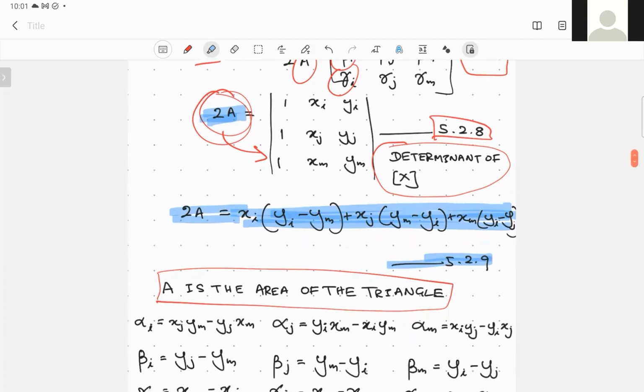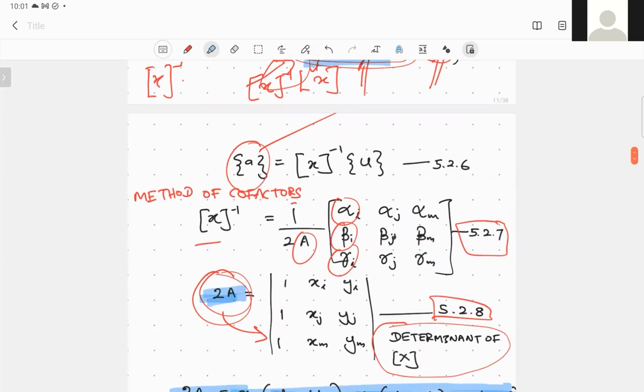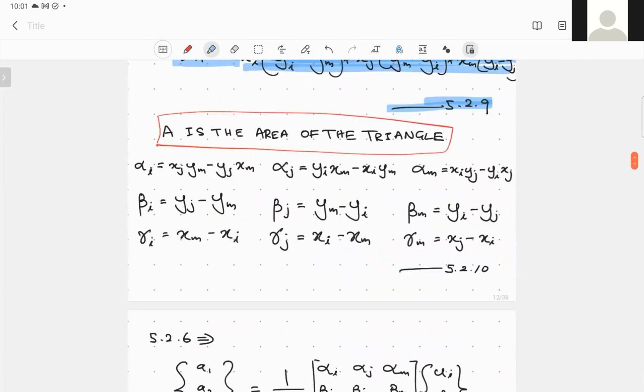Okay, now we know the area of the triangle. Next, let's see what these alpha, beta, and gamma components are. For clarity, when we use the method of cofactors and obtain the matrix, since it gets elongated, for convenience we have used certain definitions given by alpha, beta, and gamma, and the corresponding node has been used. Alpha, beta, and gamma are nothing but these terms as given here.